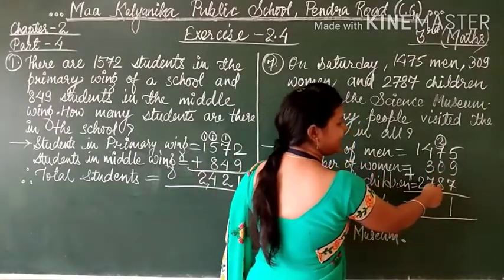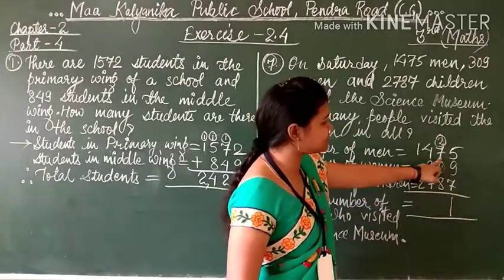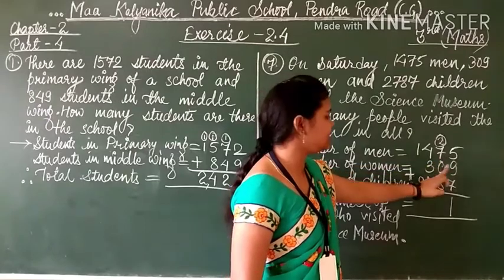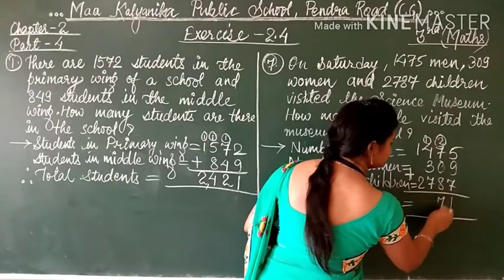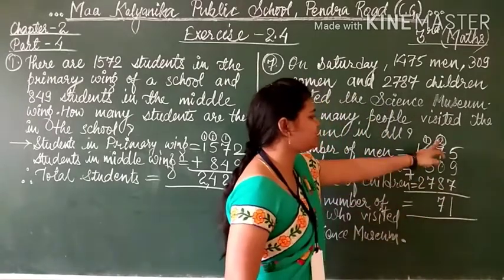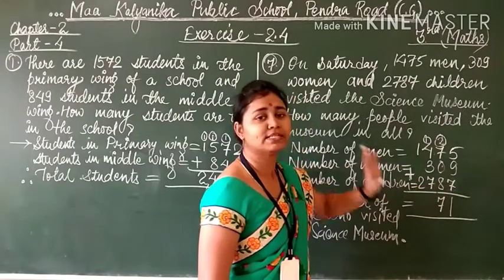Now 8 plus 2, 10, 10 plus 7, 17. 17 plus 0, 17. Why? Because 8 and 2 is 10 and 7 and 0 is there. 0 is nothing. So 10 plus 7, 17.